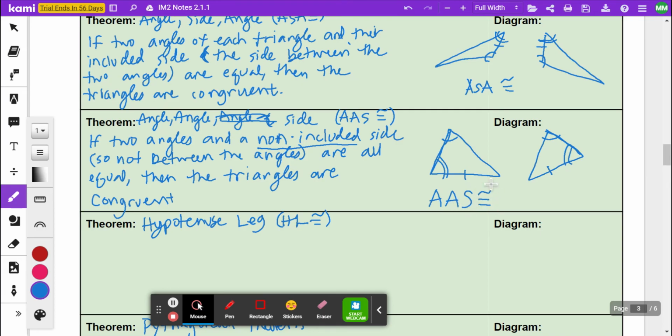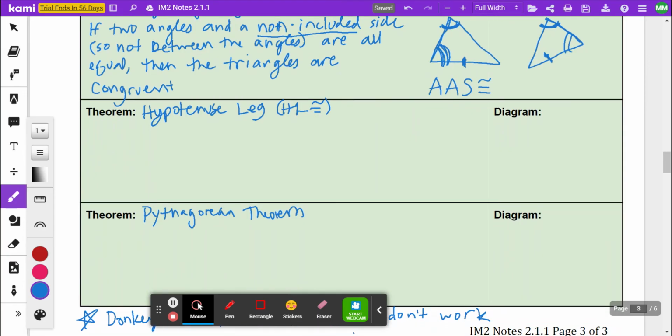Now this happens to need to be in sequence. So you'll notice that this angle and this angle are congruent. It would not work to have my congruent side be next to the double ticked angle in one triangle and next to the single ticked angle in another triangle. The side has to be attached to the same angle in both triangles.